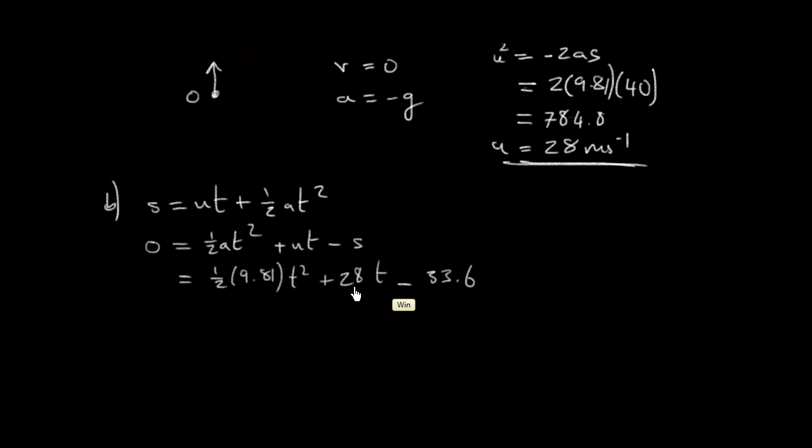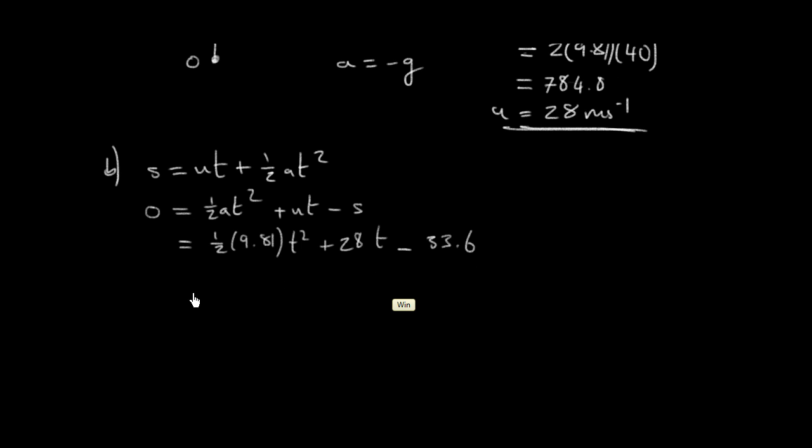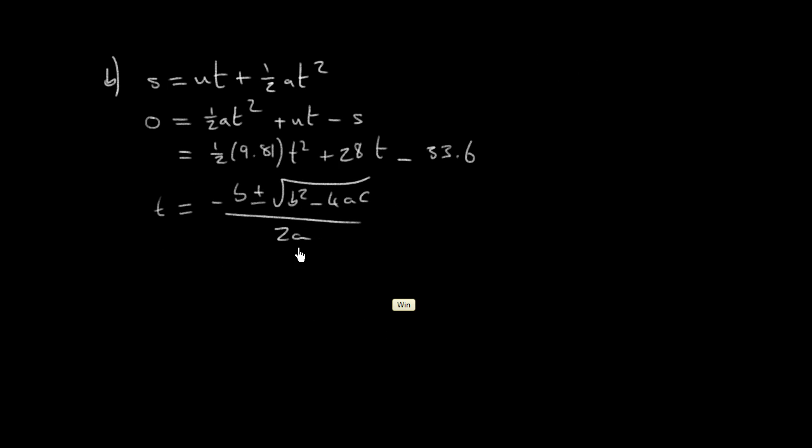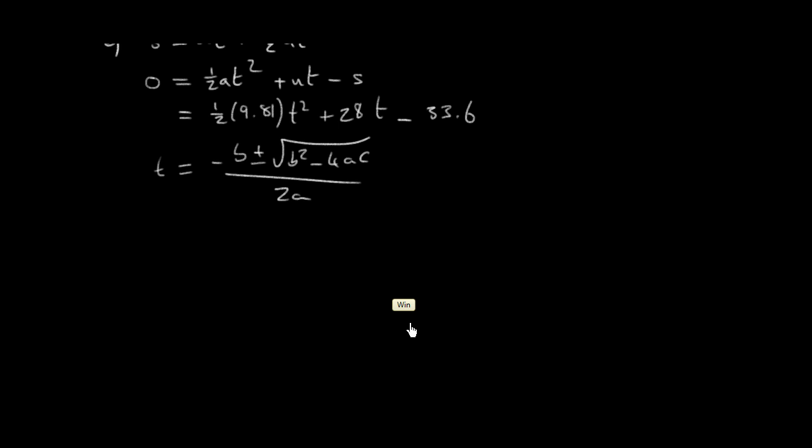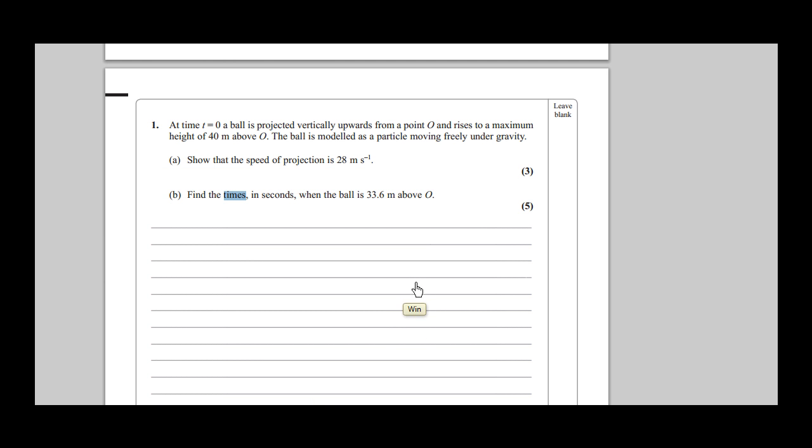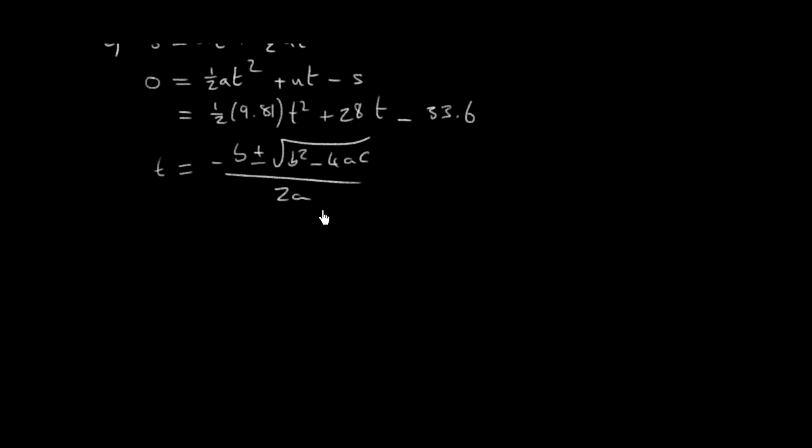So if we solve this using the quadratic equation, we'll get two values for t. So let's use the quadratic equation, which you should know from C1 and C2 and so forth. So t is equal to minus b plus minus the square root of b squared minus 4ac, over 2a.